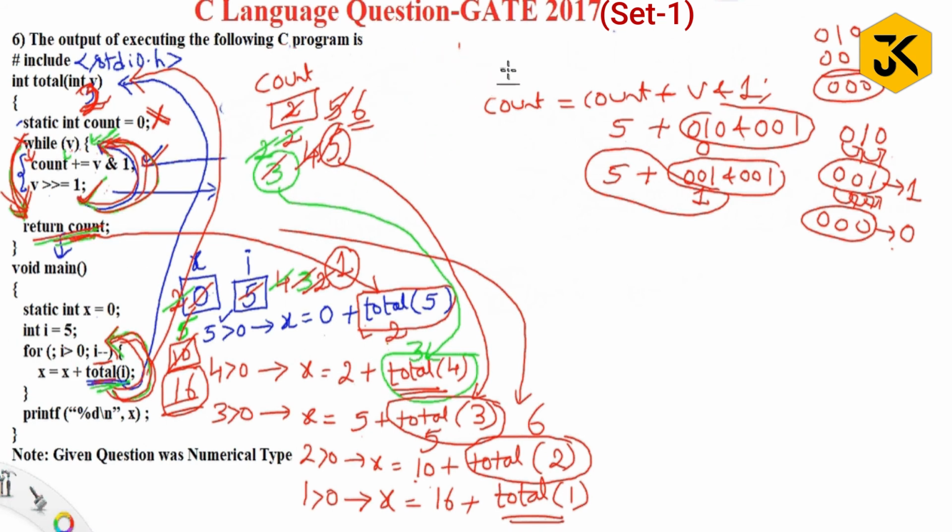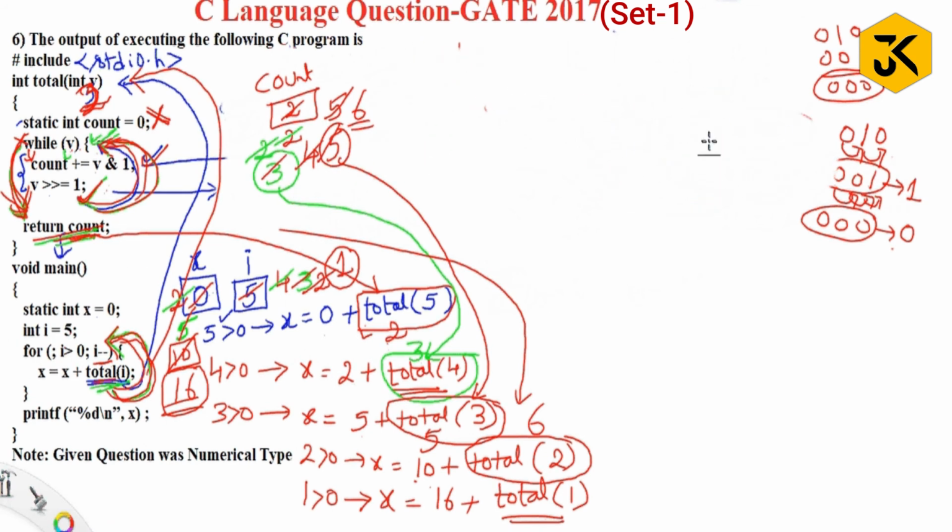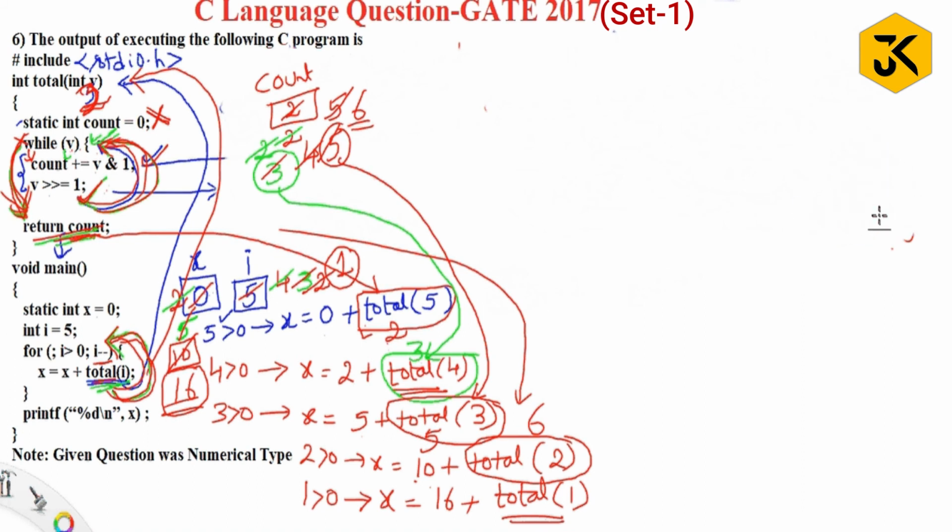I am going to erase once again. With the value here by passing 1, the V value is now 1. Now this statement won't execute. While of V, yes, some positive value, true. Now count equals count plus V and 1.